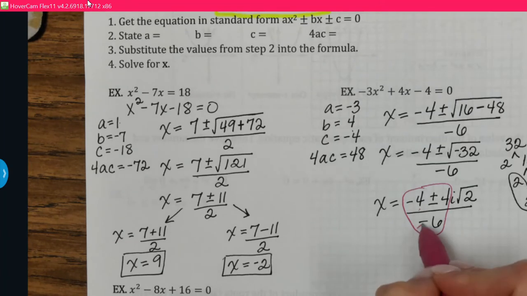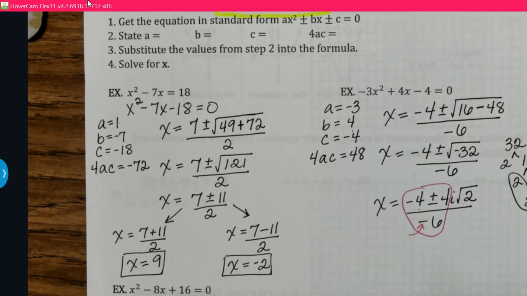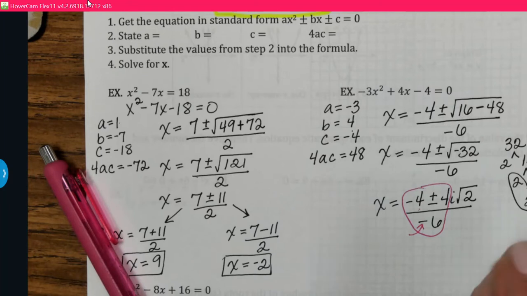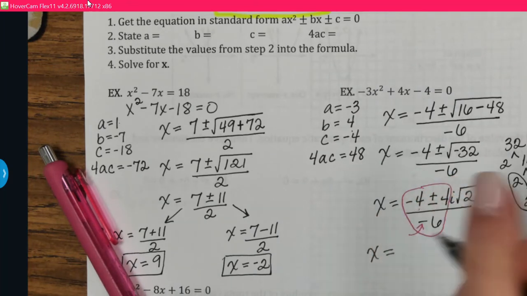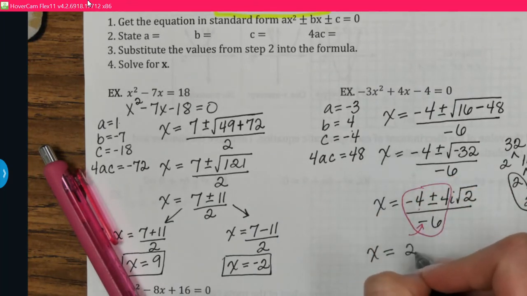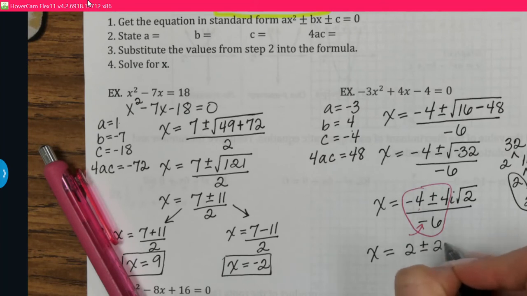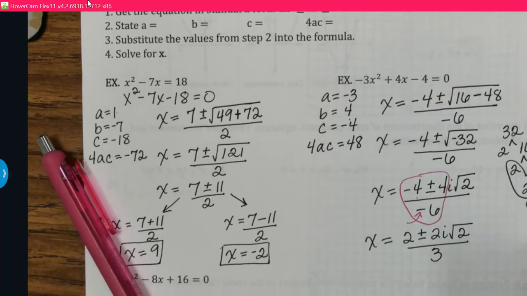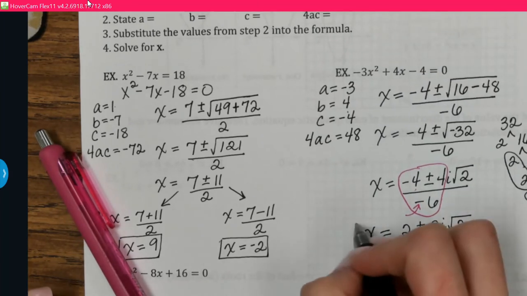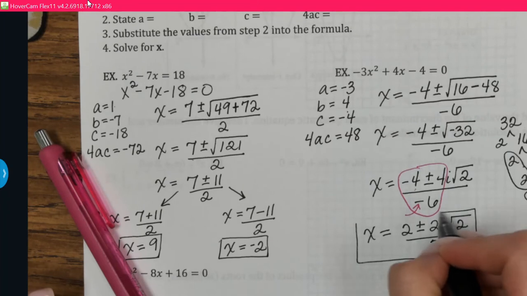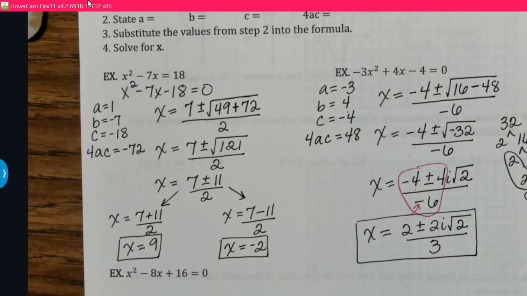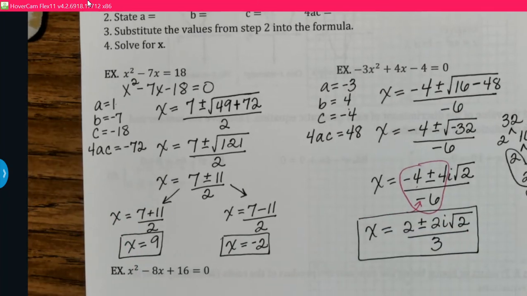Because we've got this negative in the denominator that we don't want. Okay? So it's going to end up being x equals 2 plus or minus 2i square root of 2 all over a positive 3. You're good with that? Okay.